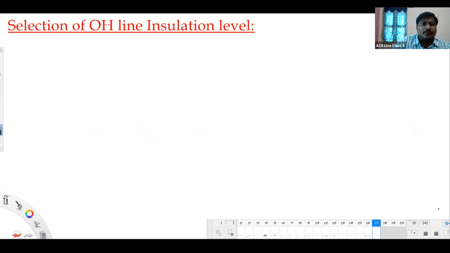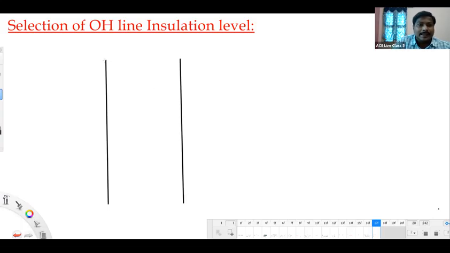To learn about it, first I will show one transmission tower, cross arms, insulators, conductors, all these things in a simple schematic diagram. Consider a transmission tower, which we can call a pylon, or a lattice structure.